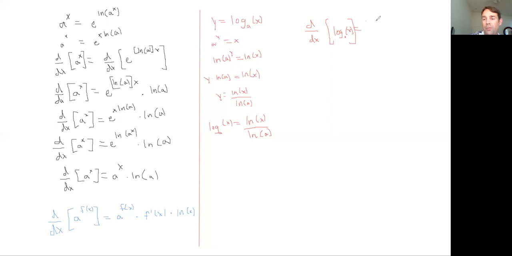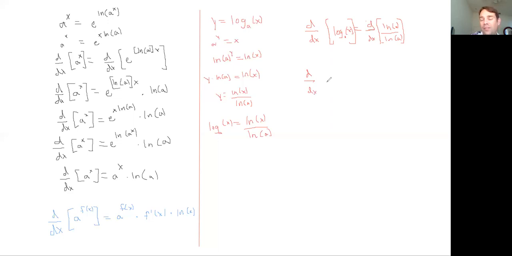And that'd be the same thing as taking the derivative of natural log of x divided by the natural log of a. And some of you guys might be going, ooh, quotient rule. Yeah, I'm not going to do a quotient rule. It's actually a lot simpler than that.